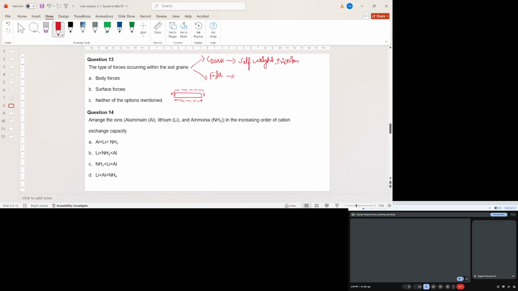So these surface forces are essentially electrostatic forces, Coulombic forces.